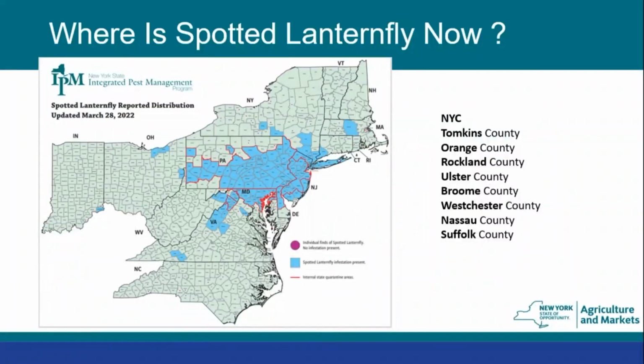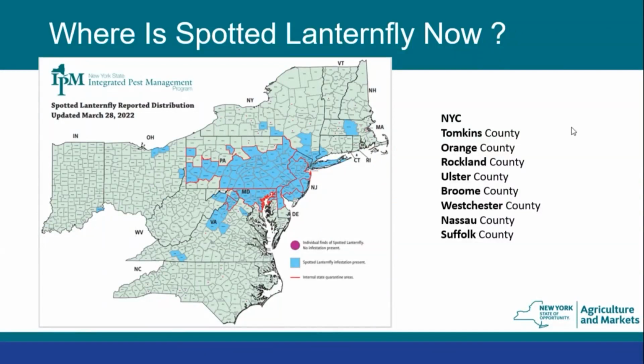If you are in one of those locations, still report them, but they can be destroyed by either crushing them, if you see it, squish it kind of thing. But you can also put them in rubbing alcohol or hand sanitizer that will also kill them. Depends on the volume. And there are sprays that are approved, chemical treatments that are approved in New York State.